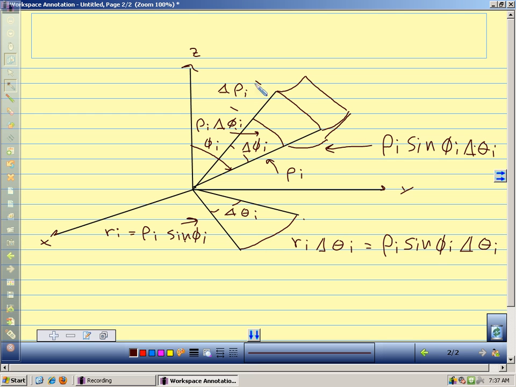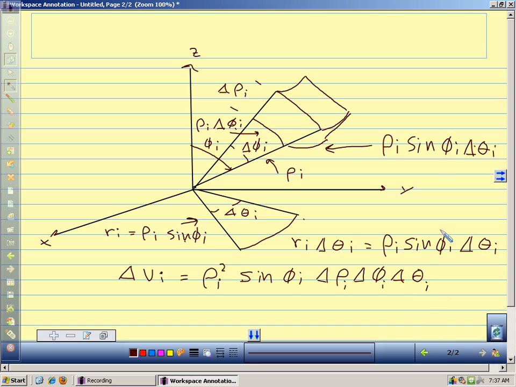So we're going to take our volume element, so the delta V sub i of this little volume element equals rho sub i squared sine phi sub i delta rho delta phi delta theta, and these are all sub i's.